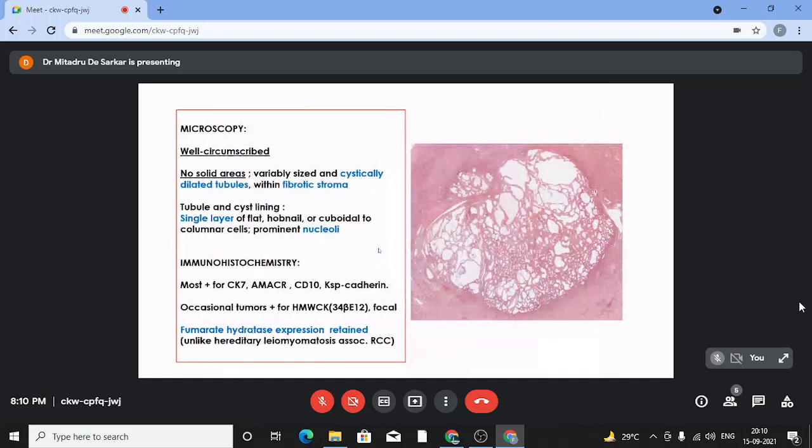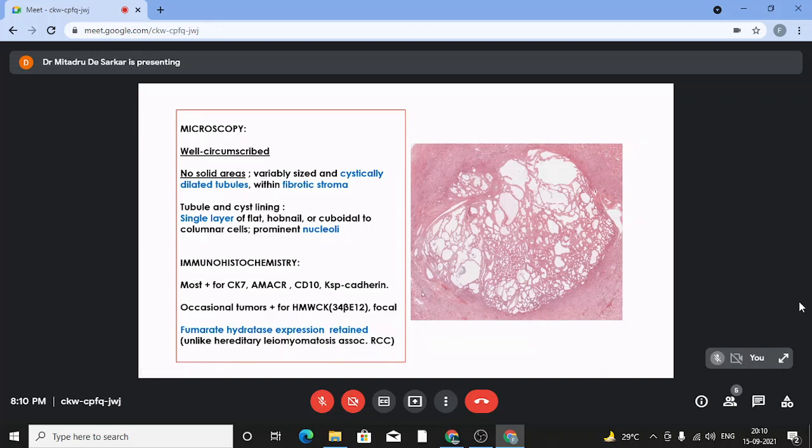You don't really need too much IHC because the presentation as well as the microscopic appearance is pretty unique. However, you have to take care that you are excluding a solid component, because if you are seeing a solid component with this particular histology, we are aware that this particular entity exists: hereditary leiomyomatosis associated RCC, which can have fumarate hydratase expression lost, and those will have this kind of architecture along with a solid pattern at the same time.